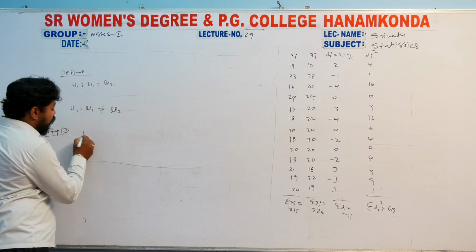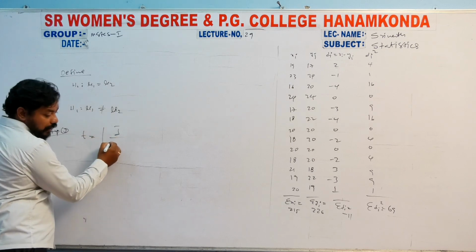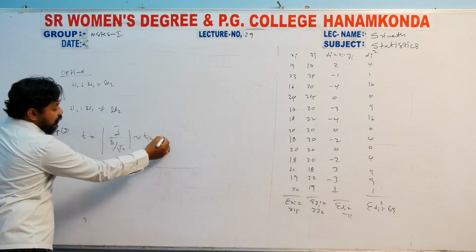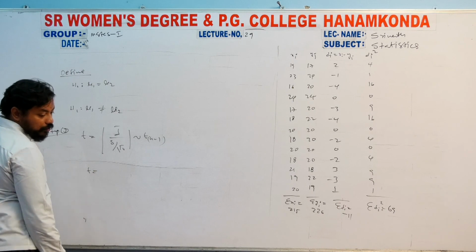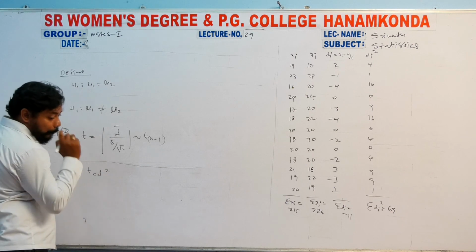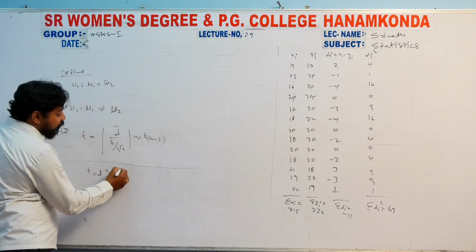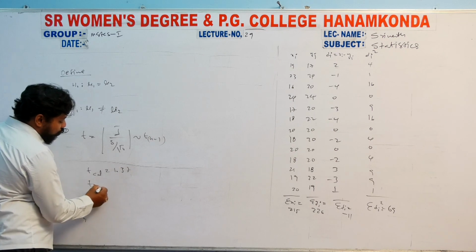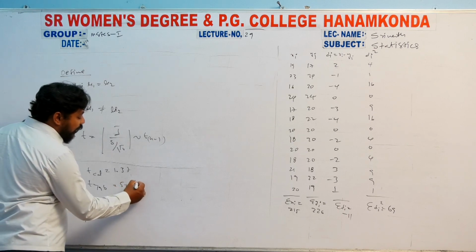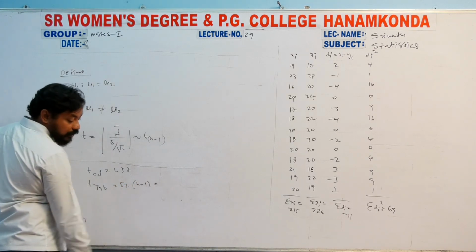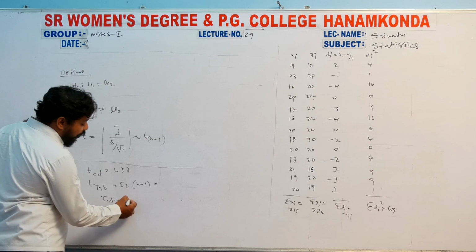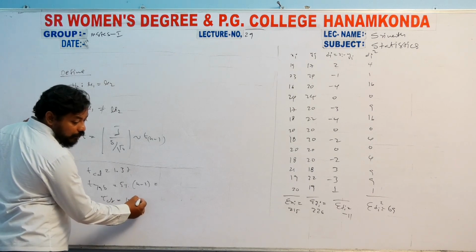here step 3 is t test: t is equal to d bar by s by under root of n, which follows the n minus 1 degrees of freedom. The t calculated value is 1.37, and the t table value at the 5% level of significance and degrees of freedom n minus 1 is equal to 1.812.